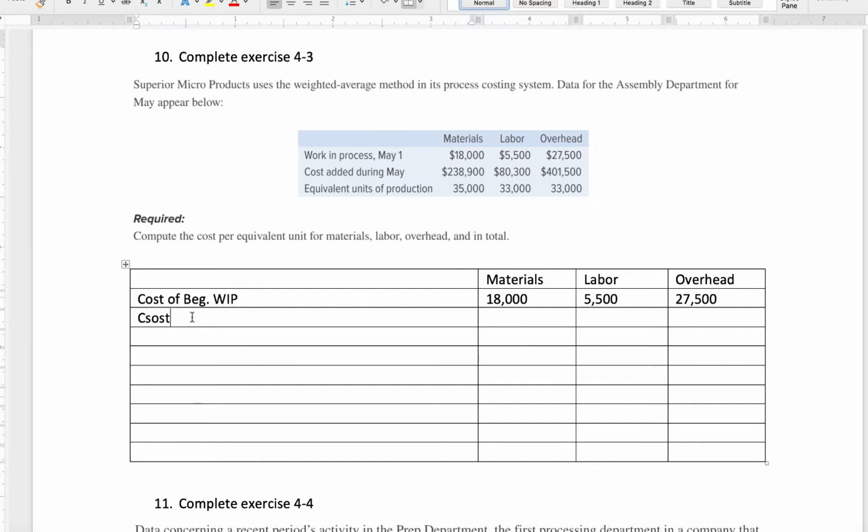So I'm going to take my costs added during the period, okay? Well, they tell us costs added during May for material, labor, and overhead. I just add those in, okay? So for material, we added $238,900 worth of cost. Labor, during the month of May, we added $80,300. Overhead, how much cost did we add?